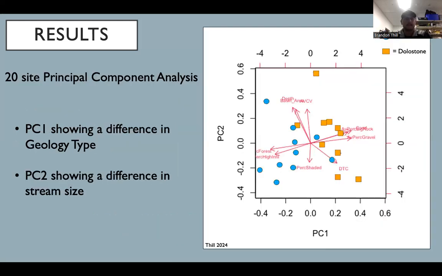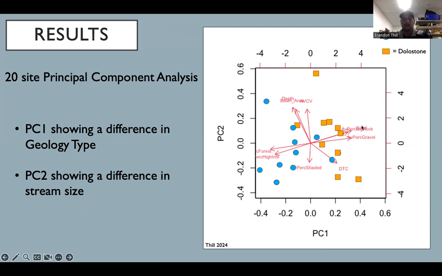Lastly is this principal component analysis. What we're looking at here is on the PC1 axis, or the x-axis, we have a difference in geology type. And we're seeing negative relations between things like percent forest and percent high infiltration soil, and percent big rock and percent gravel, along with conductivity back there.